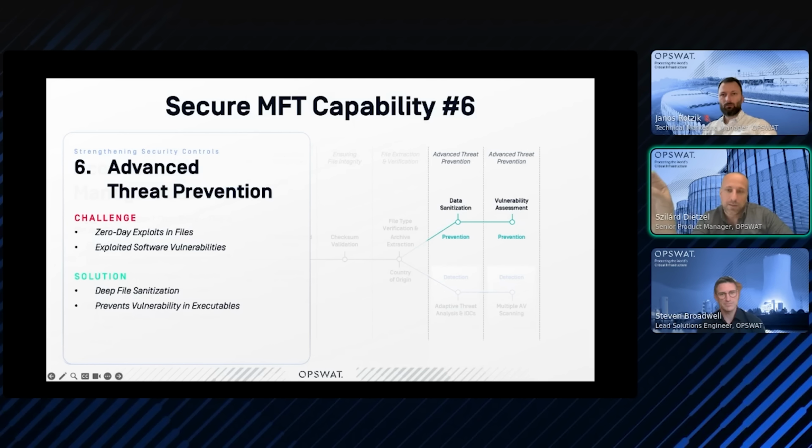It takes supported file types and breaks them down. It strips out any active content from that file, a good example being a macro in an Excel, and rebuilds a clean functional version. So even if the original had something that shouldn't be there, the clean file is rendered safe.